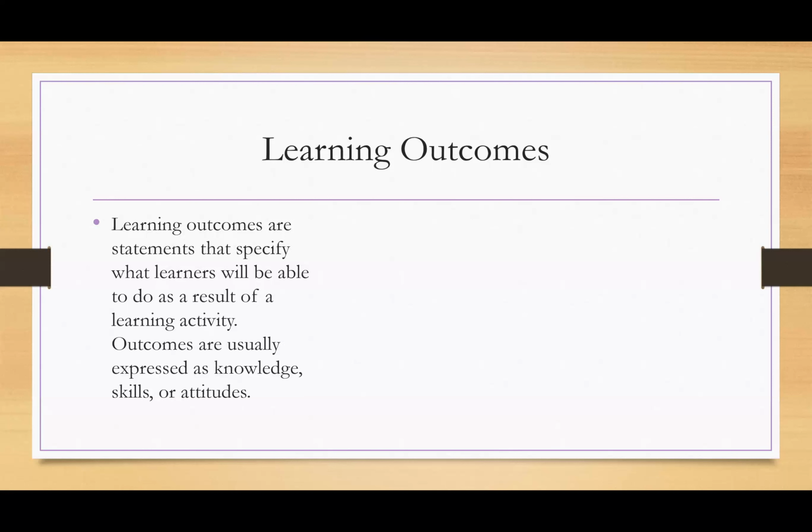Ralph Taylor, who is known for his work on curriculum design, defined learning outcomes as statements that describe the specific knowledge, skills, and attitudes that learners should possess upon completion of a learning program.